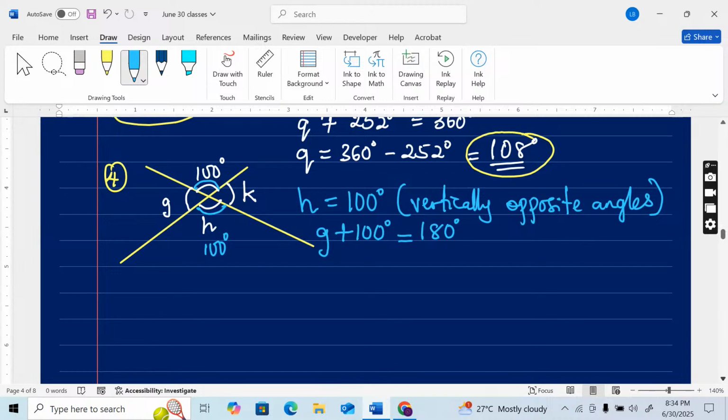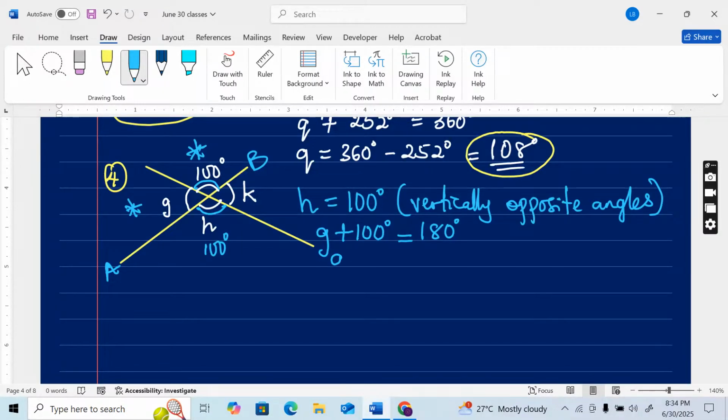G plus 100 degrees is equal to 180 degrees because the angle 100 right here and angle G right here are on a straight line AB. They are also called adjacent angles. They are called supplementary angles because both should add up to 180 degrees.